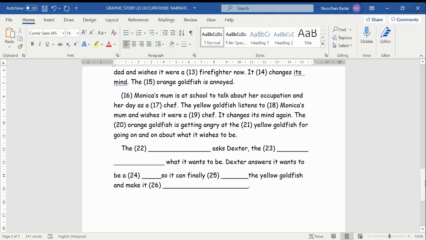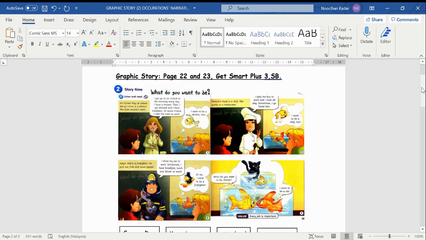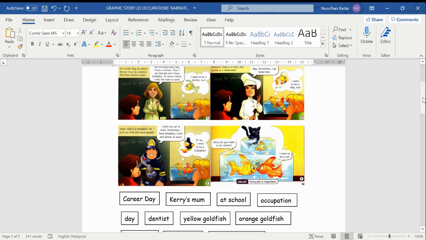Okay, let's go back to the fourth frame. What happens in the fourth frame? In the fourth frame, you can see that now the orange goldfish, which is Dexter, is facing face to face. They are facing each other. Dexter has come face to face with the yellow goldfish.